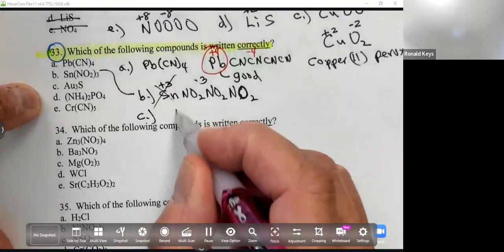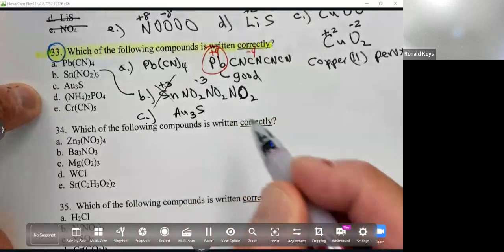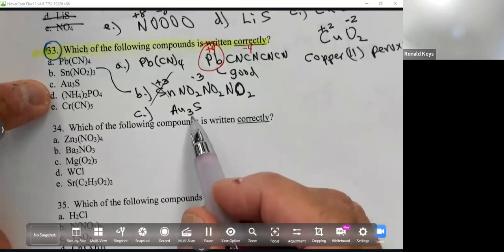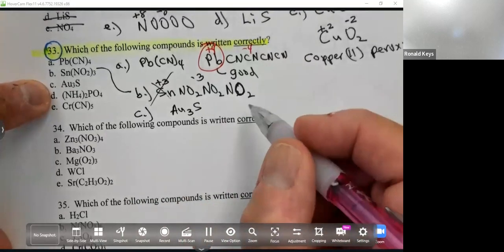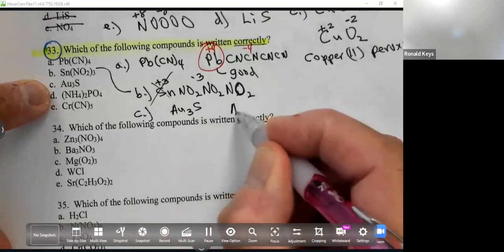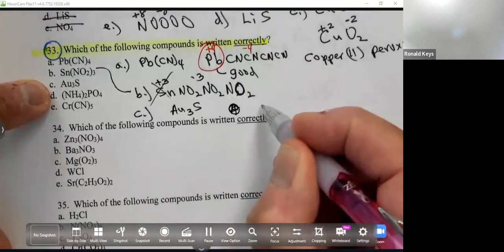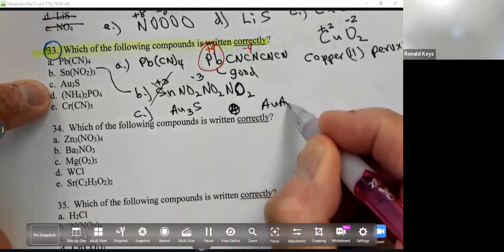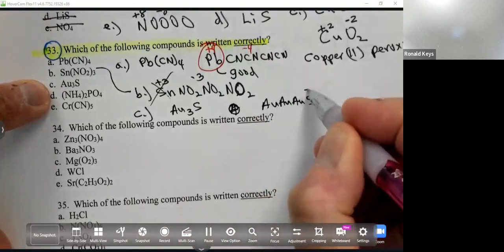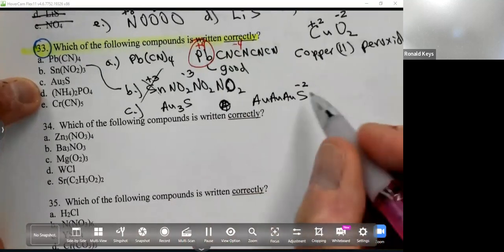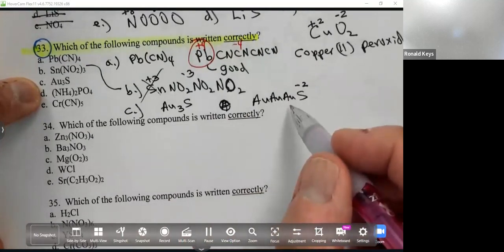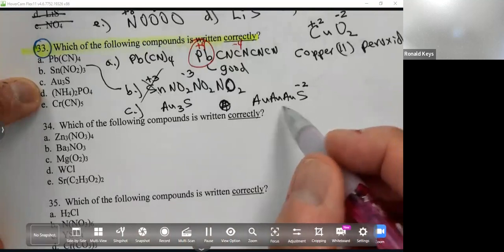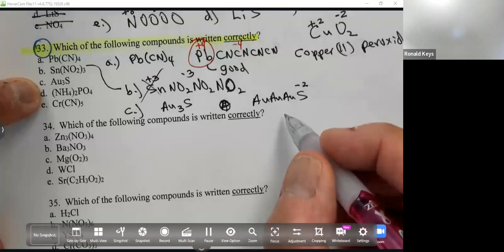In letter C, we have gold 3 or gold sulfide, some kind of gold sulfide. So sulfide is -2. To get -2 out of these, what do we have to do? Like 2/3, huh?